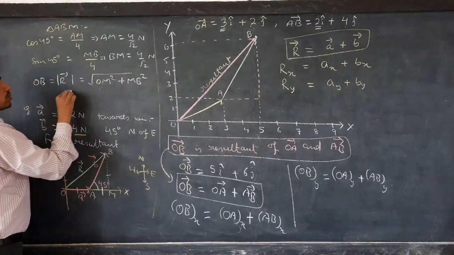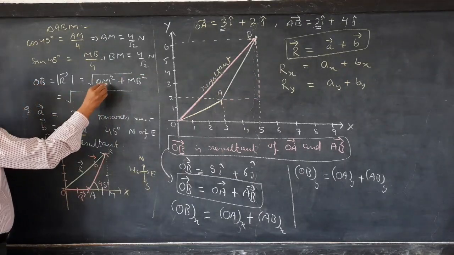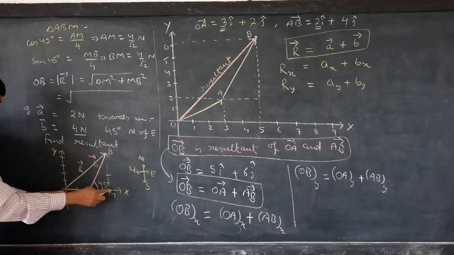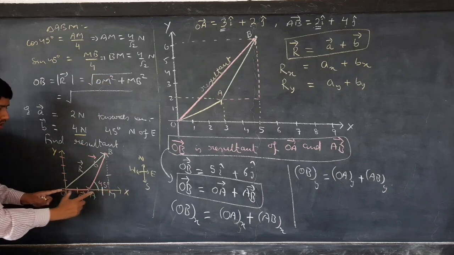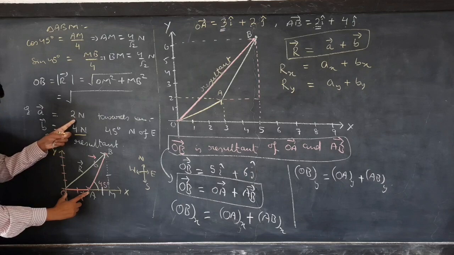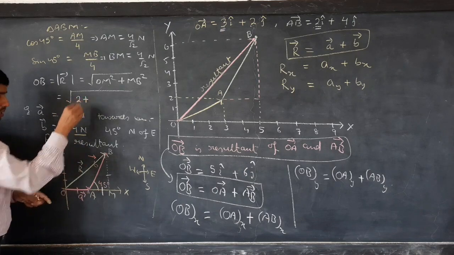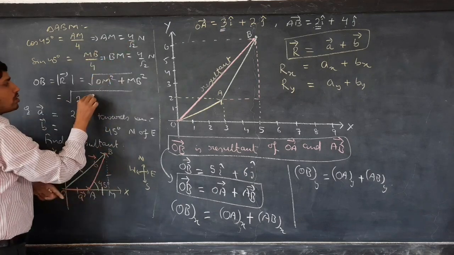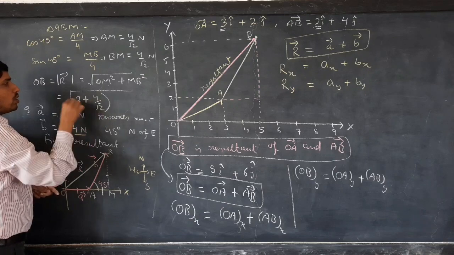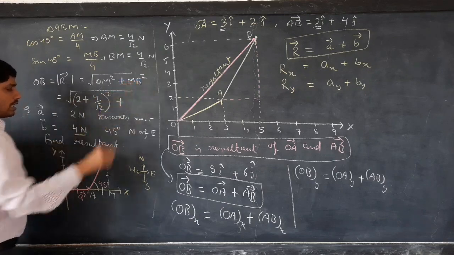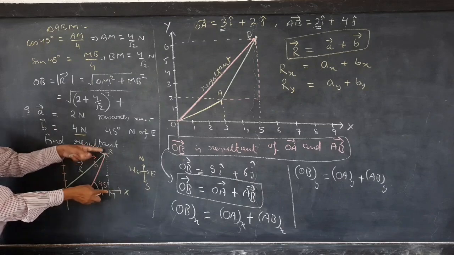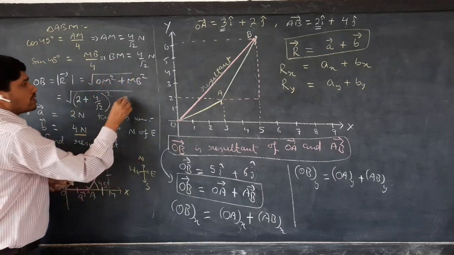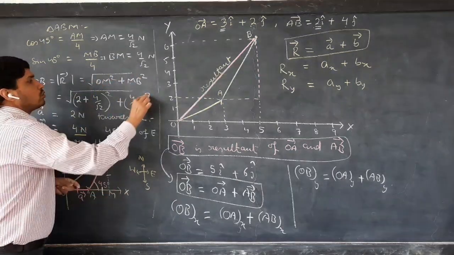So this becomes under root OM. OM is, you can see, OA plus AM. OA is 2, this one, plus AM we have already found, 4 by root 2 whole square, plus MB square. MB we have found earlier, 4 by root 2, so that is 4 by root 2 square.